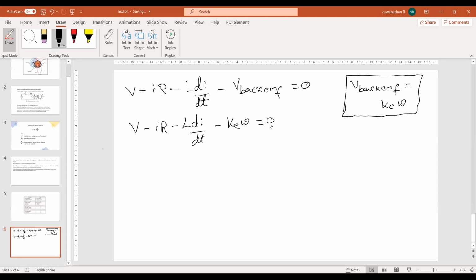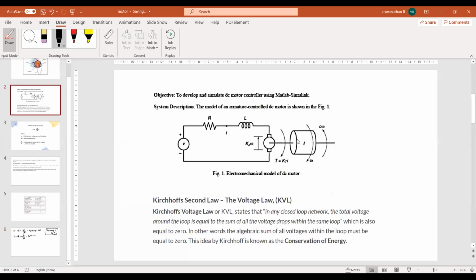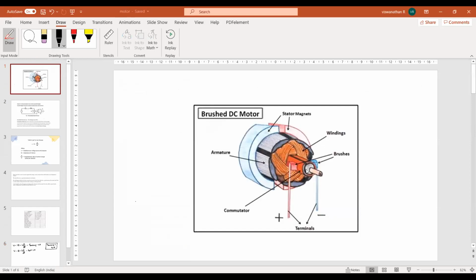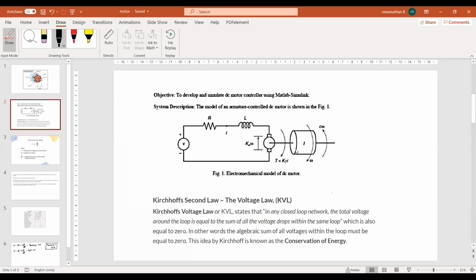Now coming to the mechanical part. What is the mechanical part? See, this is not outside. It is actually this one, the rotor. The motor produces a torque.